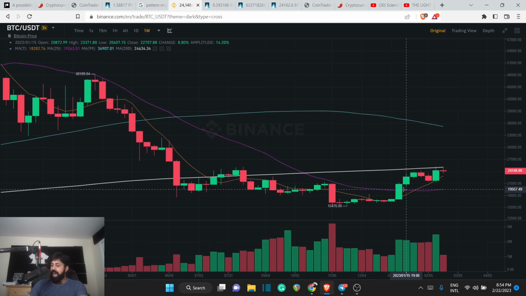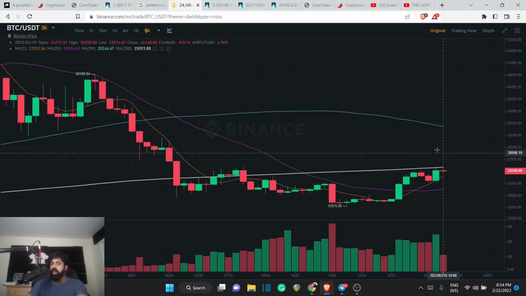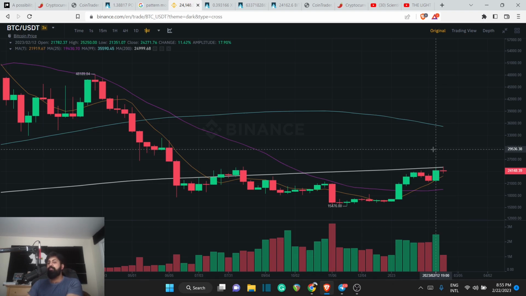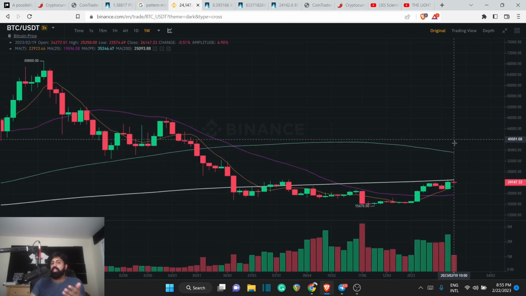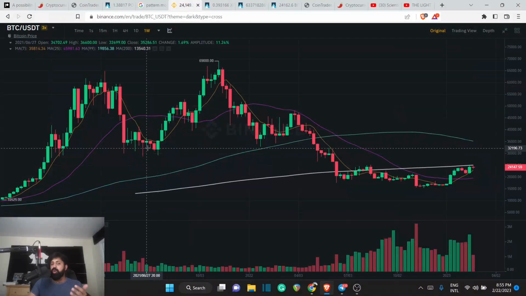It's trending higher. It made a higher high, higher low, and then again is making a higher high right now. So the trend is your friend. You need to keep that in mind. The weekly is suggesting this to me. So most likely in the next 2 to 3 months, I'm going to observe a bullish trend. Where are the targets going to be? No one knows, but most likely this range is going to act as a resistance. So be prepared for that.